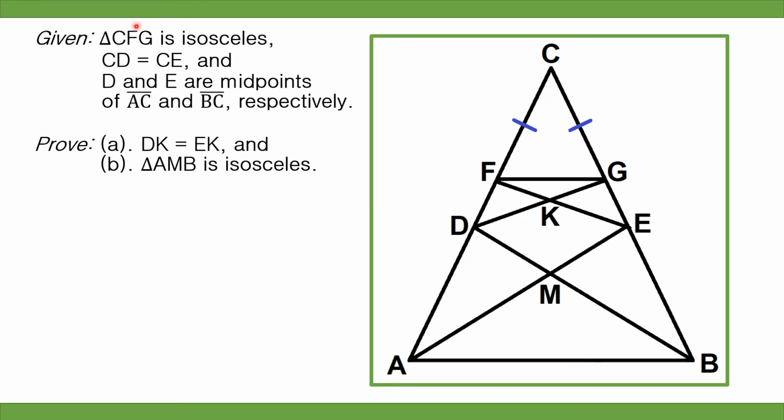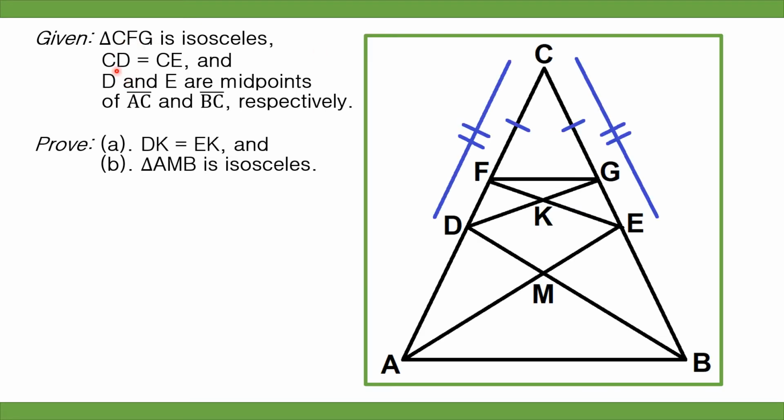Let's start. We were given that triangle CFG is isosceles. Of course, the implication of that statement is that line segment CF is congruent to line segment CG. Now notice in the given that it is again using the equal symbol and not the congruence notation. So we shall state CF is equal to CG.